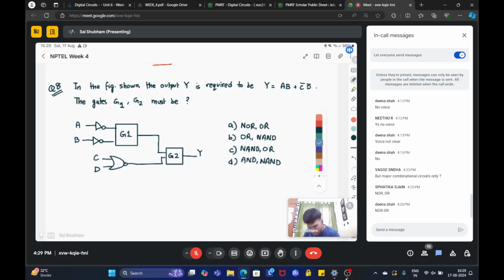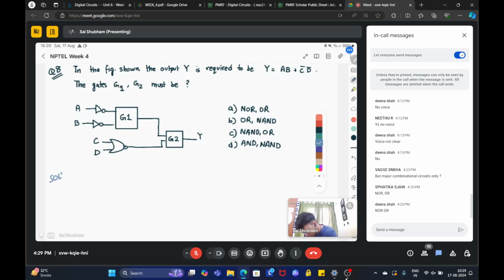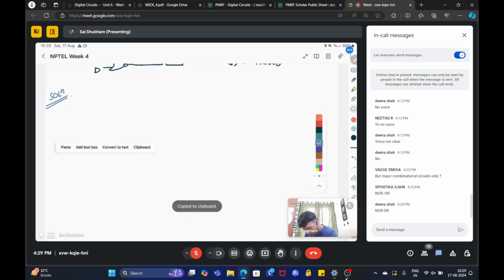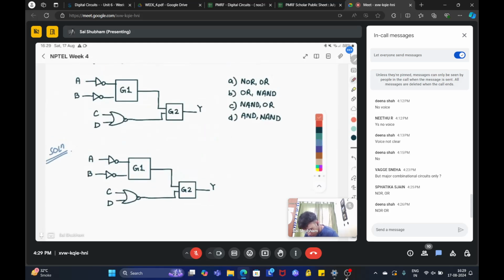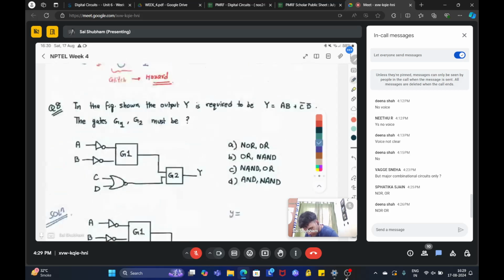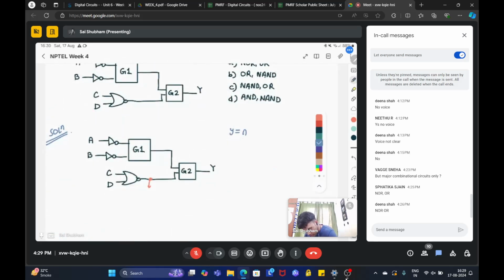So I will discuss the solution right now. Okay. So at this point, our requirement is AB plus C bar D bar.